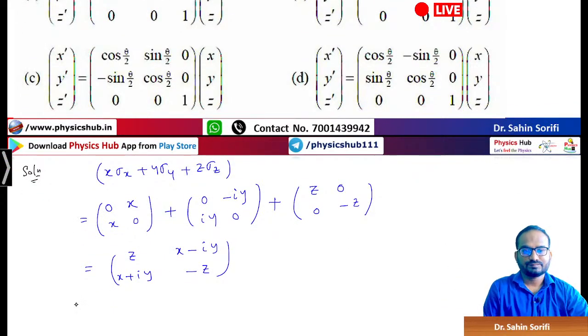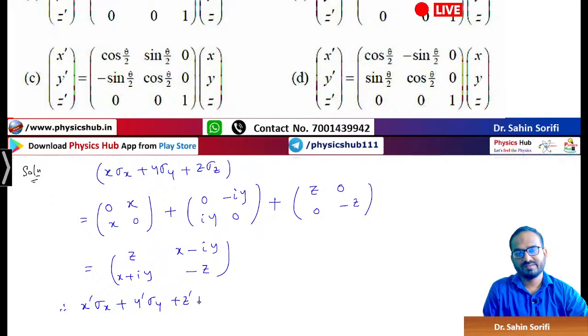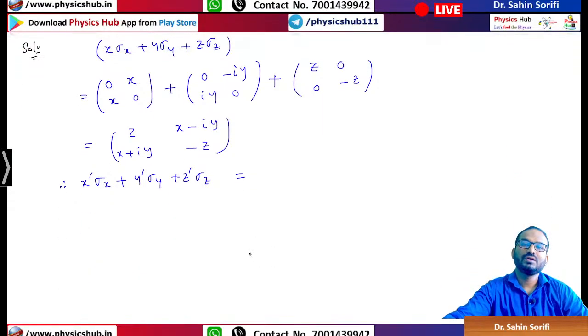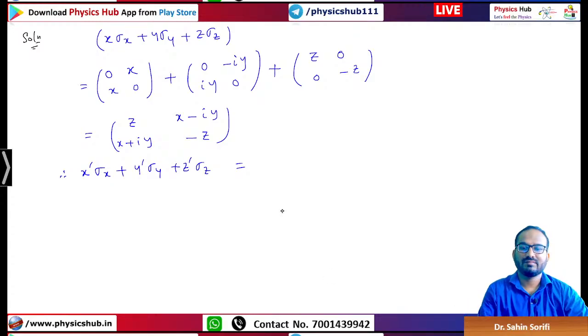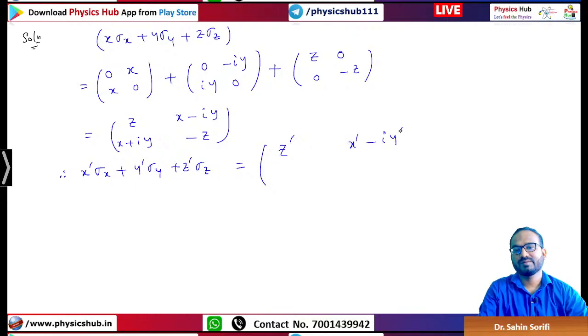So what will be its value? We just need to replace x, y, z by their primes. It will become (z prime, x prime minus i y prime; x prime plus i y prime, minus z prime). Okay, no issue in this.